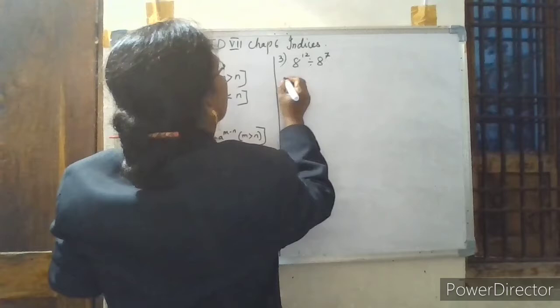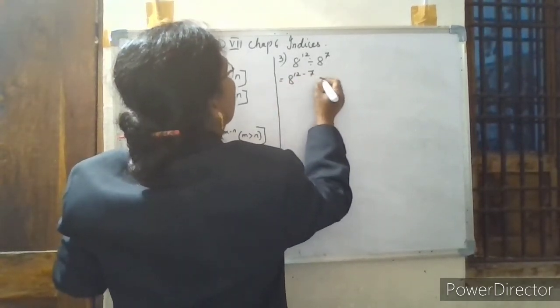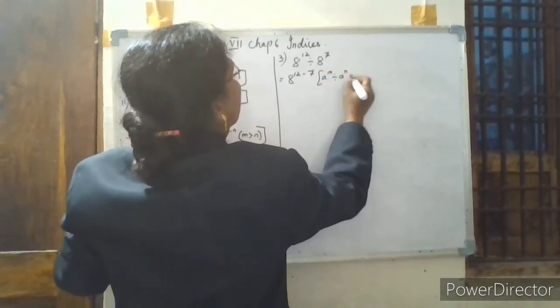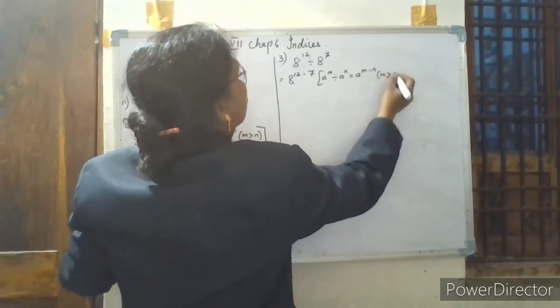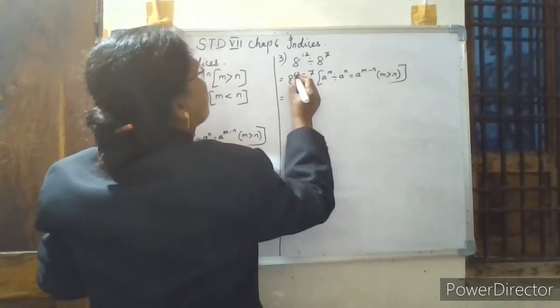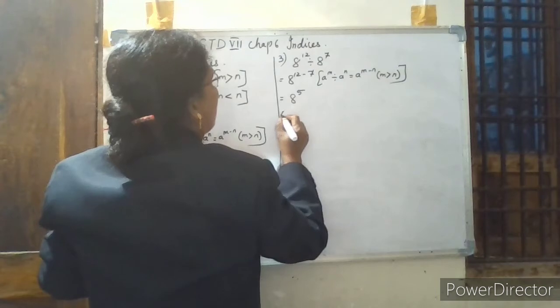Then it is equal to 8 raised to 12 minus 7. That is because of a^m divided by a^n is equal to a^(m-n), because m is greater than n. So this is equal to 8 raised to 12 minus 7, which is 5.